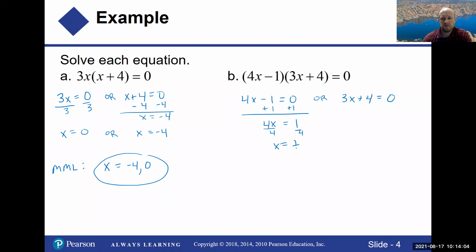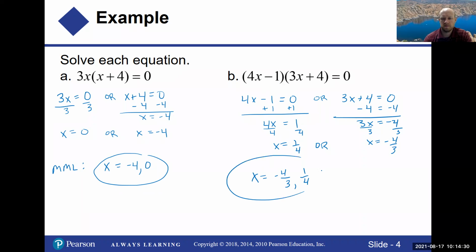So x equals 1/4. Or in this case, I would subtract 4, which gives me 3x equals -4, and then divide by 3. So x equals -4/3. So it's really x equals -4/3, comma 1/4. Each of those options would make this equation true.